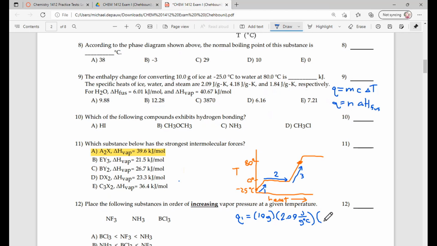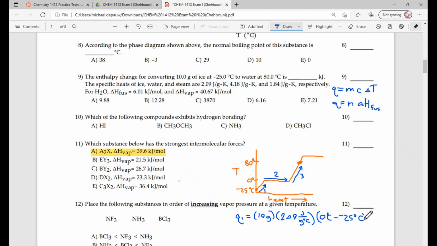What's the final temperature here? 0, not 80, because I'm only looking for the final temperature of the first segment, segment 1. So 0 degrees Celsius minus the initial, which was negative 25. And when I subtract the negative, I turn it positive.